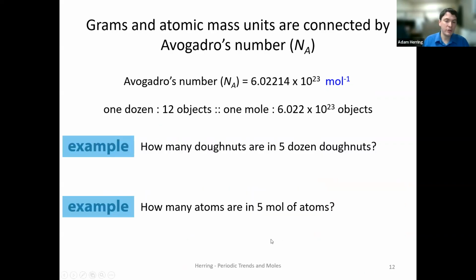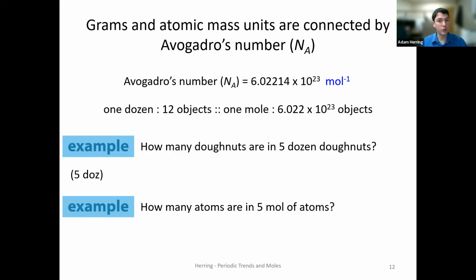So let's use this in some examples. If you wanted to know how many donuts you had, if you had 5 dozen donuts, what you would do is you would start with the amount of the substance you actually have. What do we have? We have 5 dozen donuts. And then we use the ratio that involves the dozen and the number.